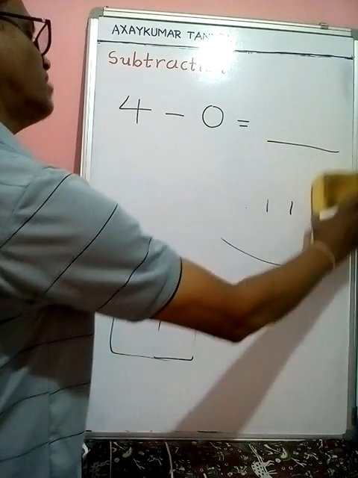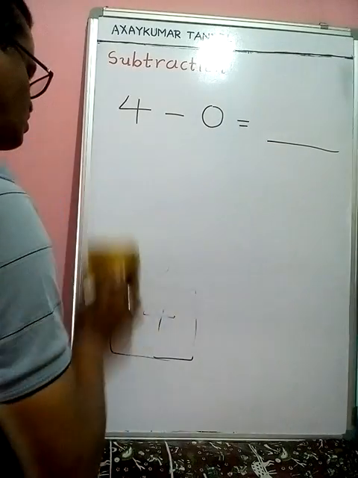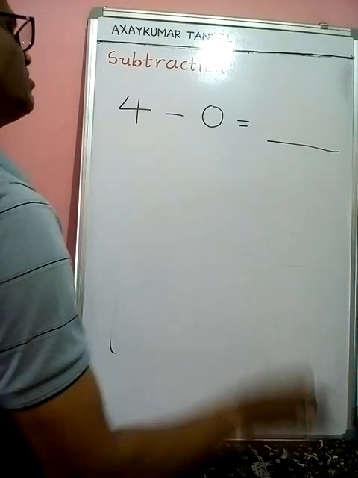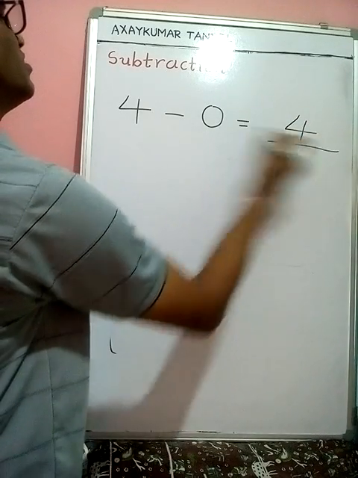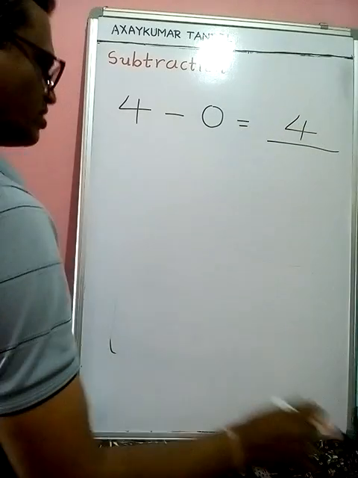Any number minus 0 is equal to that number. 4 minus 0 is equal to 4.